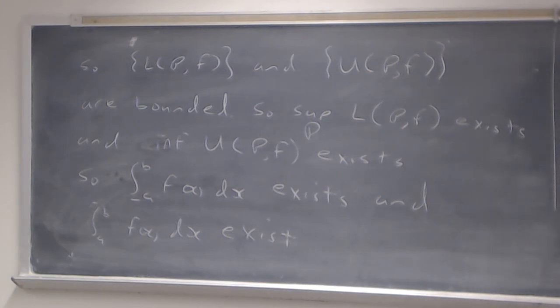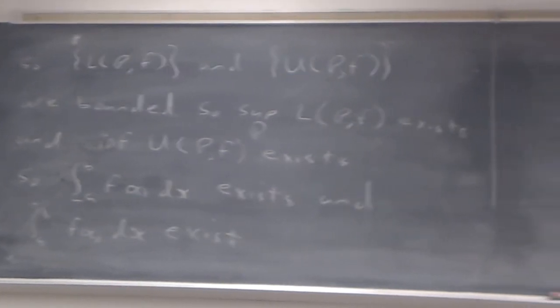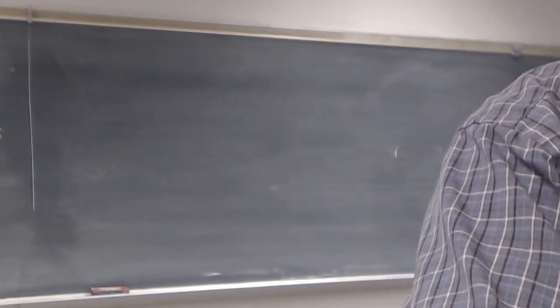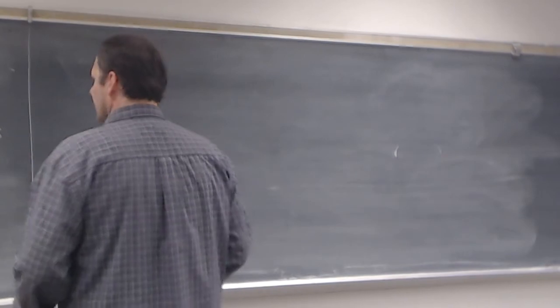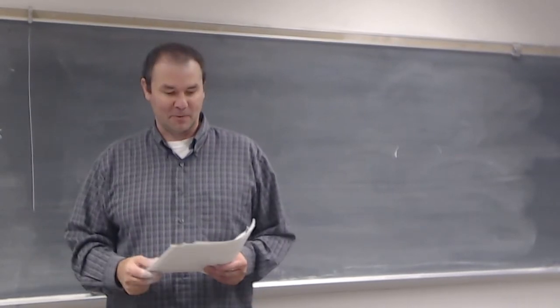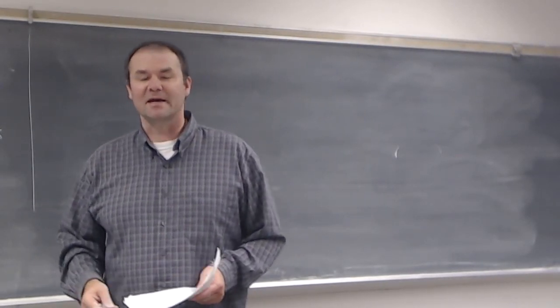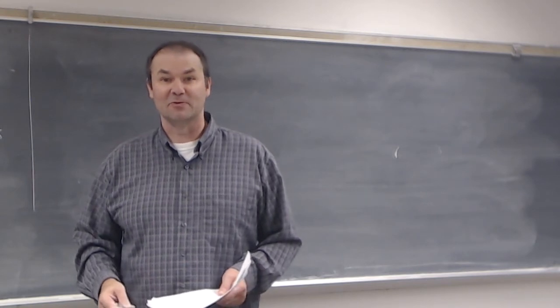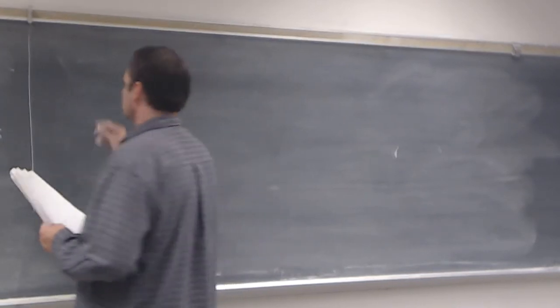Now, since we mentioned infimum and supremum, I'm going to remind you about supremums and infimums in just a second. But it'd be good to do one of these Riemann integrals, and one of the nicest functions to work with would be a constant function. So here's a fact.